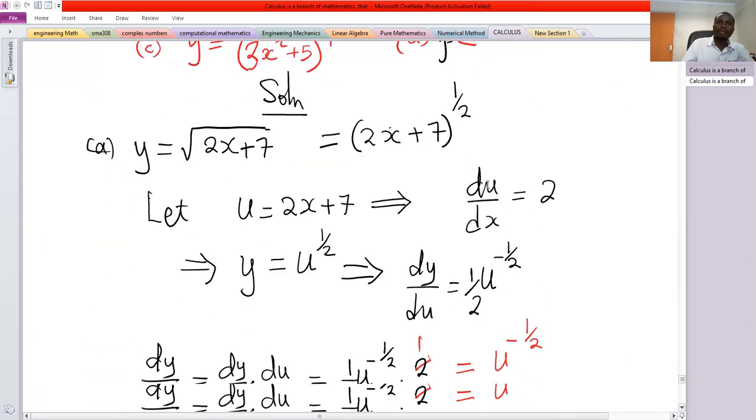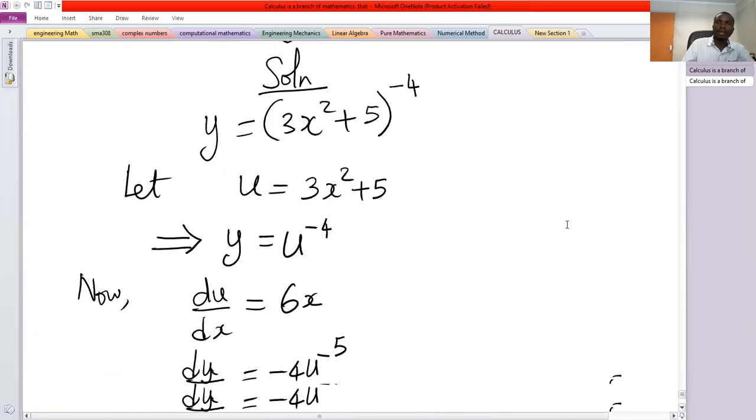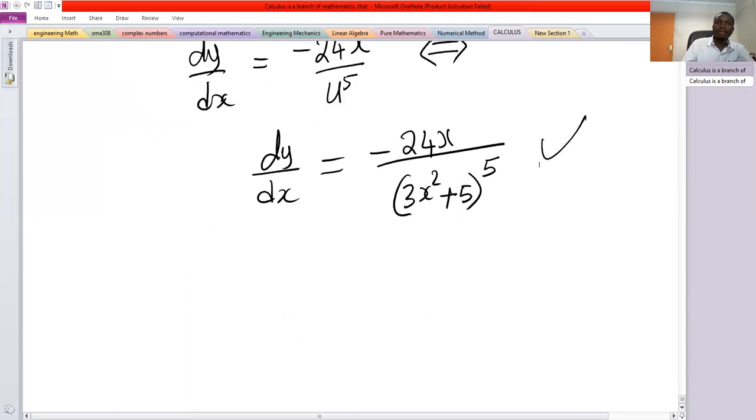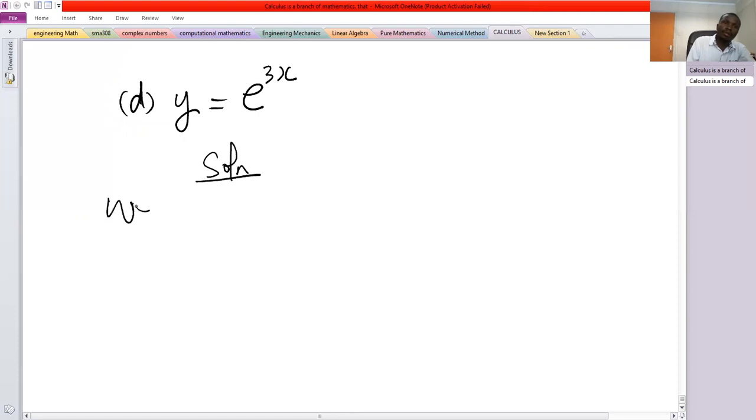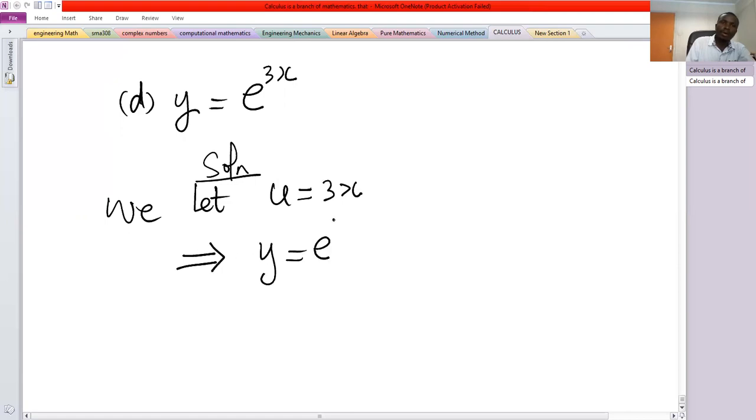And y equals e raised power 3x is the D part. Now solution, we let u be this power 3x so that y will be e raised power u.